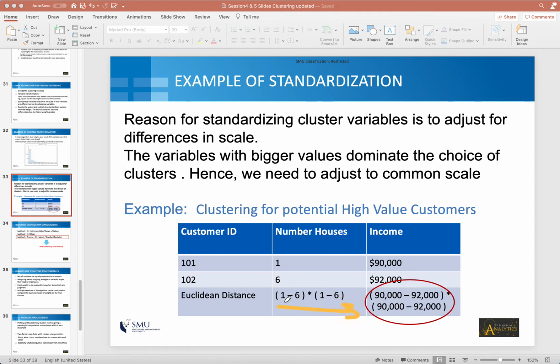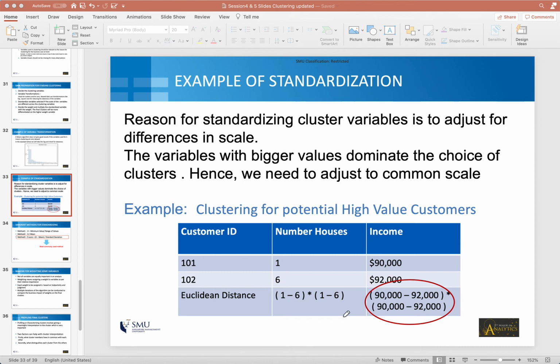So what's going to happen because of this is that when you do K-means clustering, the observations or the customers in the same cluster will be such that the algorithm is more focused on minimizing differences in income rather than minimizing differences in the number of houses.